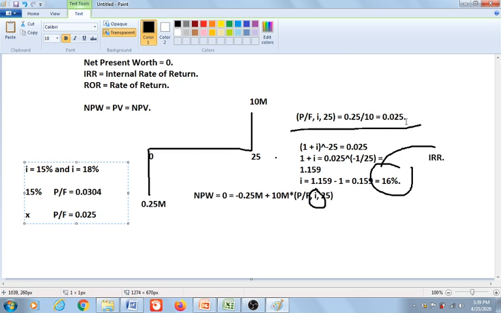This is what we are looking for. What is the value of I for that? Let's say that the value of that I is X, and when it is 18%, the P over F equals 0.160.